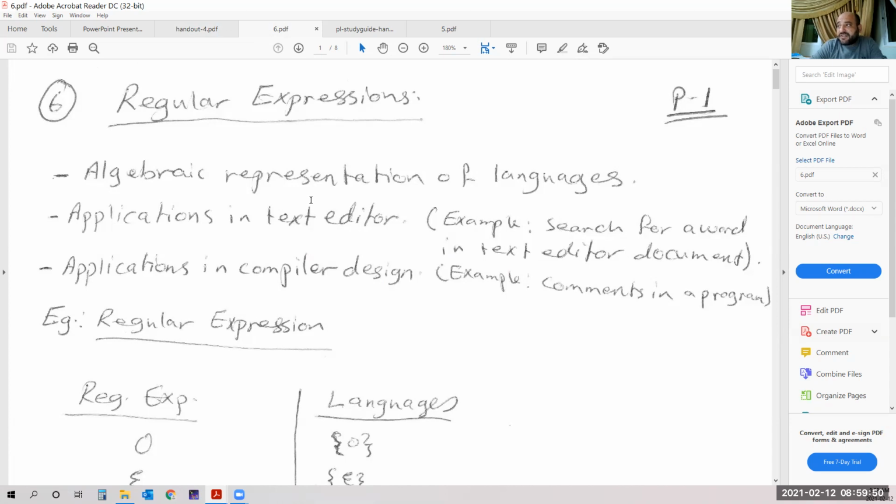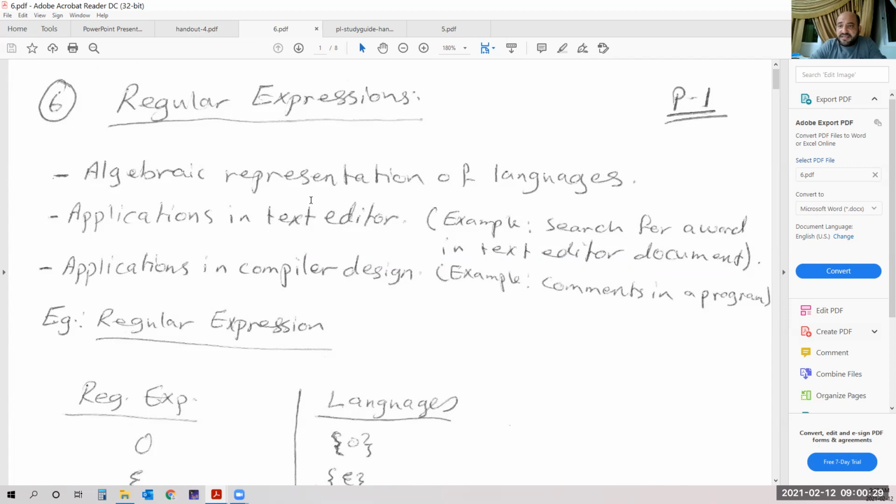Applications of regular expressions: for example, in a text editor like Microsoft Word, if you want to search for a certain word in your document, this is called a regular expression. In compiler design, for example, when you write a comment in C++, we use either slash star and then star slash for a multiple line comment, and for a one line comment we just use a double slash.